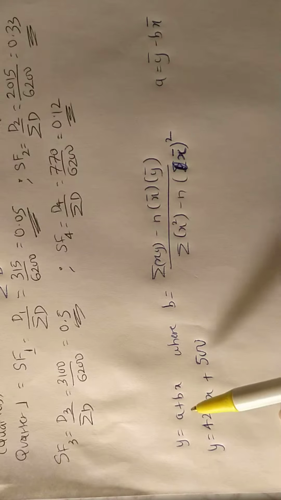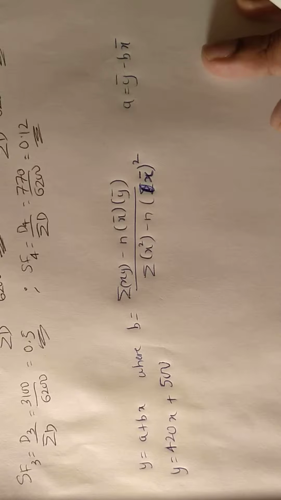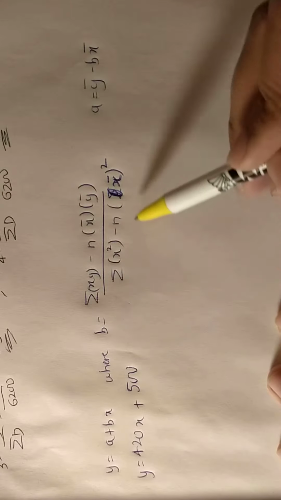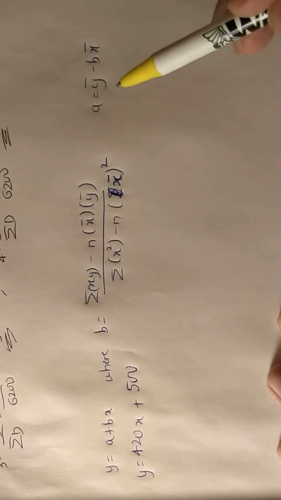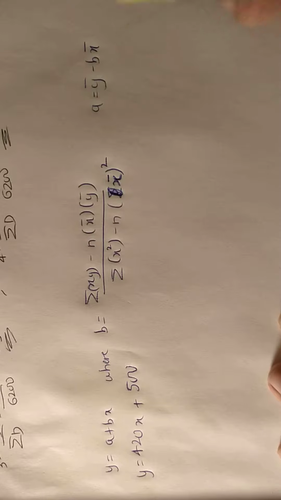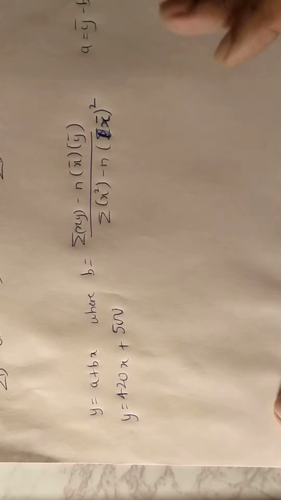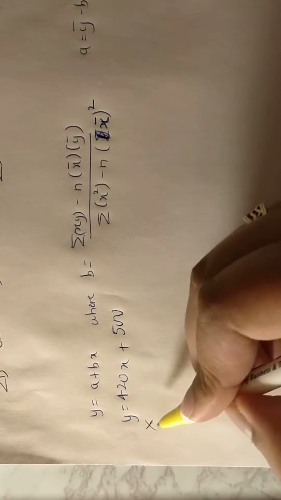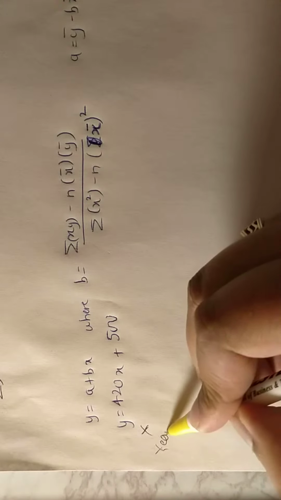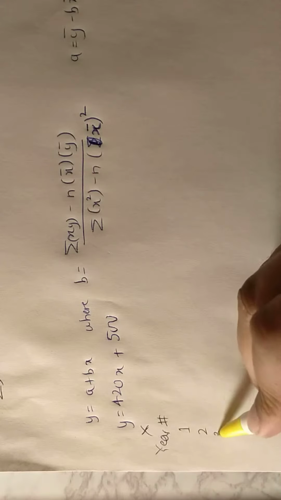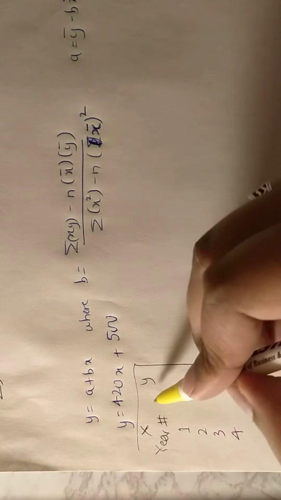It's an intensive calculation process, so you need to figure out the value of B first using this relationship, and then once you have B, you can figure out A. To calculate A and B, we use X as the year number: year 1, year 2, year 3, year 4, and Y is the actual demand.